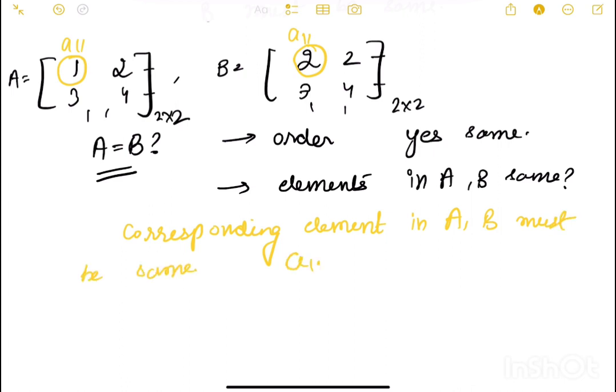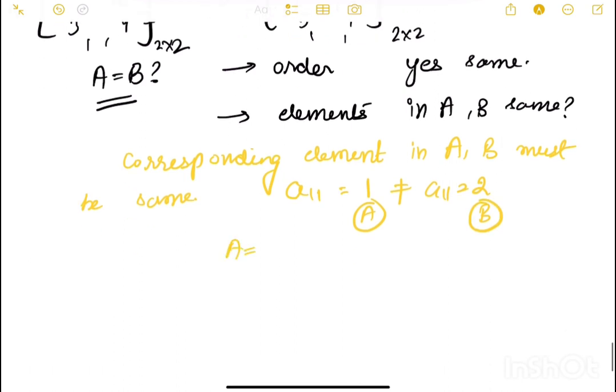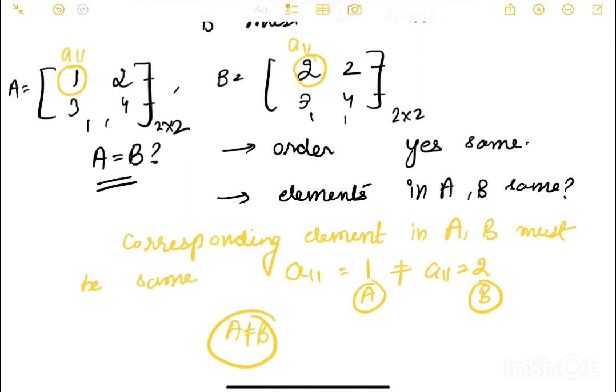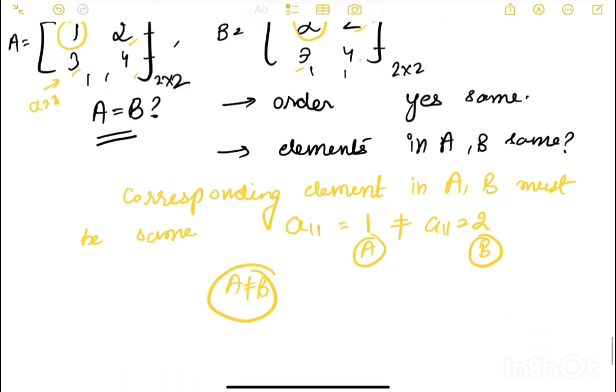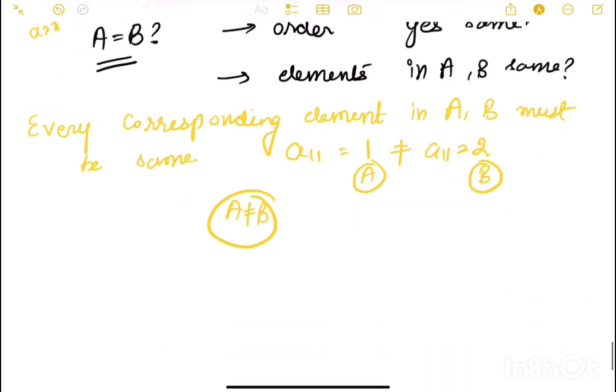As we can see, A11 in A is not equal to A11 in B, so we will say that A is not equal to B. These two matrices are not equal, even though the rest of the elements are the same: A12 is 2 and here is also 2, A21 is 3 and this is also 3, this is 4, this is 4. But the aim is that each and every corresponding element in A and B must be the same.